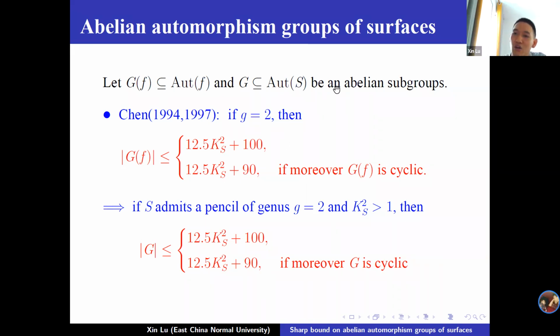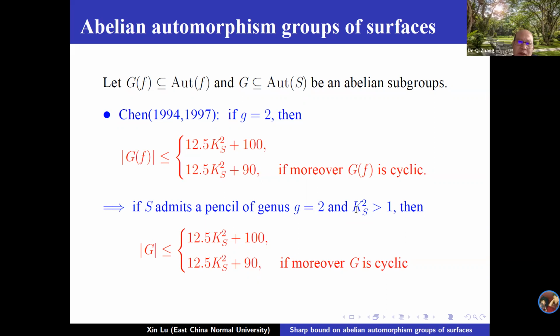Then any automorphism group should keep this pencil invariant. But if K squared is small, that is, smaller than 8, then there might be more than one pencil of genus g equal to 2.